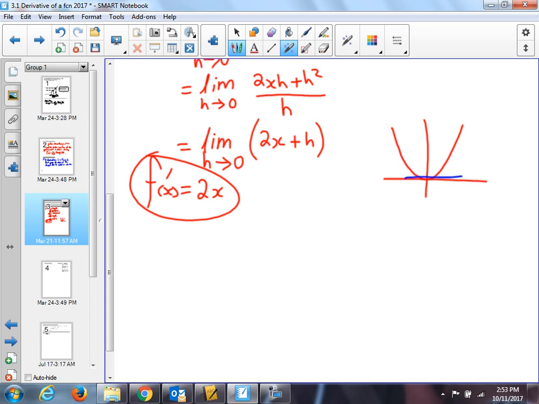Okay. Now, to answer this question, the derivative at 2, because that's what we were asked about, is equal to 2 times 2, which is 4.